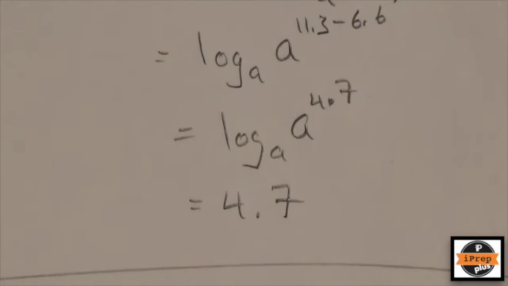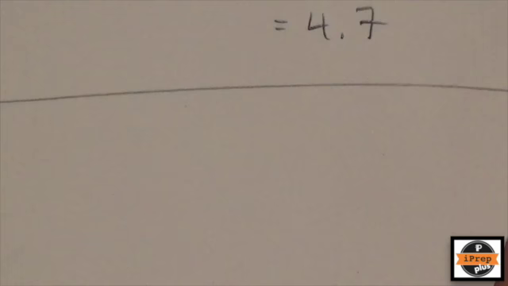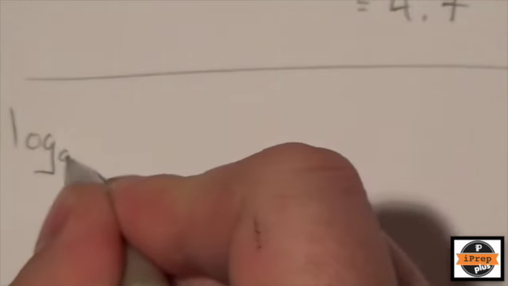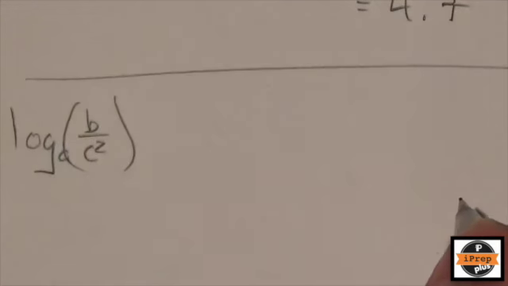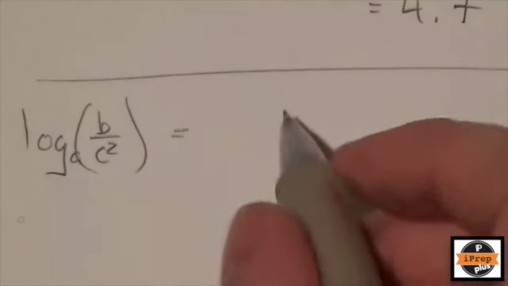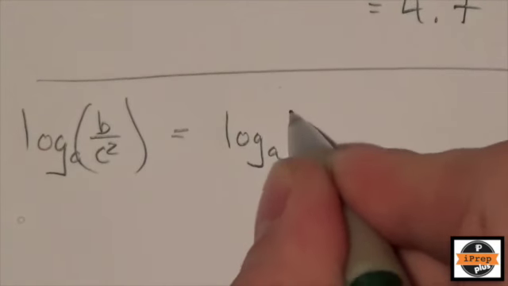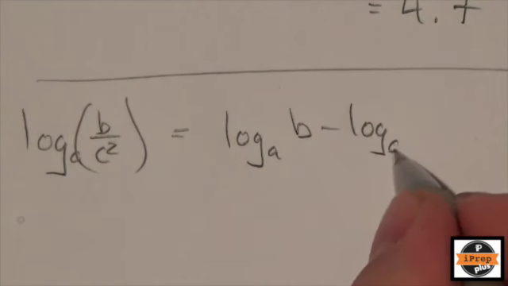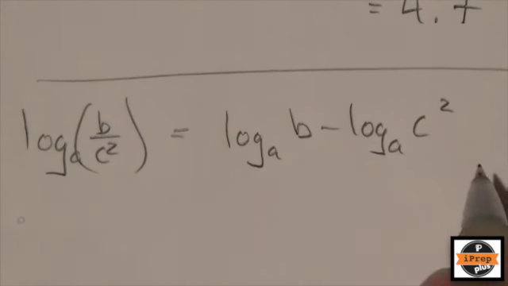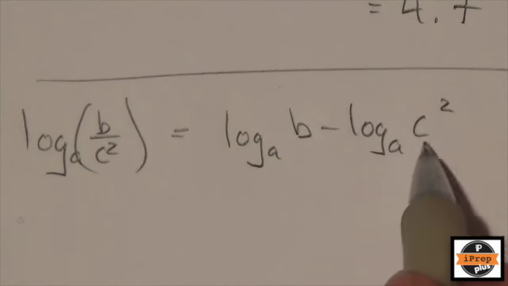Another way of doing it would be to take that log base a of b over c squared, and use our log laws, if you're familiar with them, to separate that out. Division becomes subtraction. So log base a of b minus the log base a of c squared. Now remember, it's c being squared here.